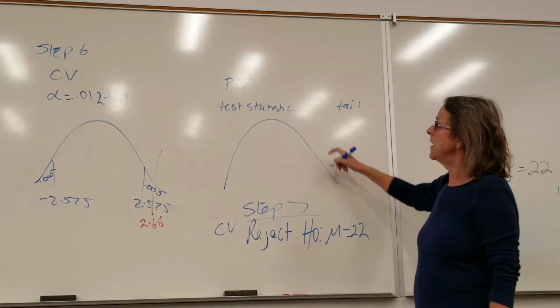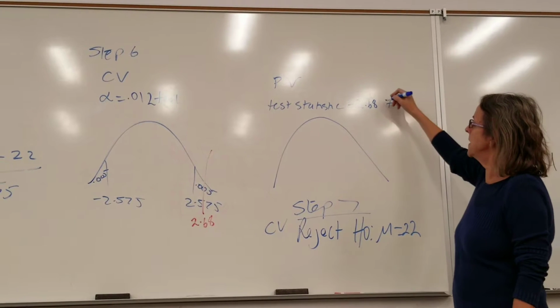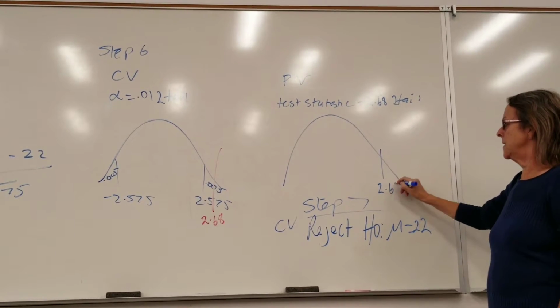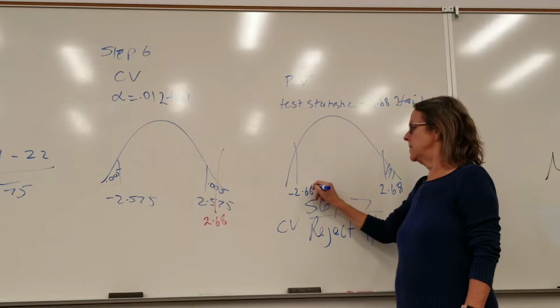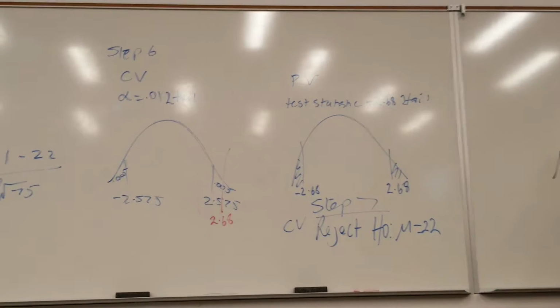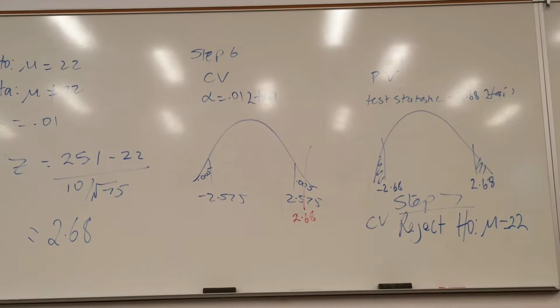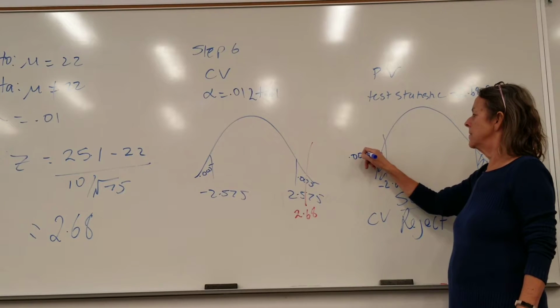For the p-value method, I need to know that the test statistic is 2.68 and that it's a two-tailed test. Negative 2.68 is always easiest to look up, the negative. So negative 2.68 has an area to the left of 0.00.